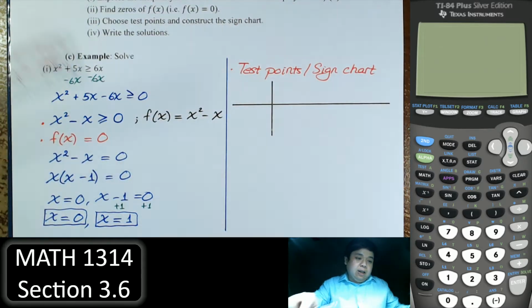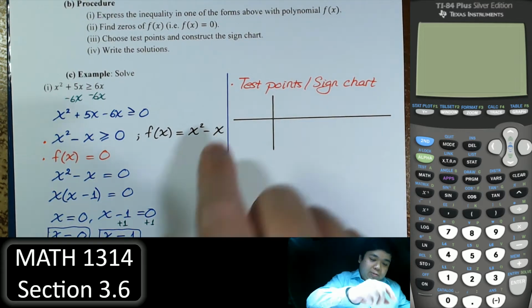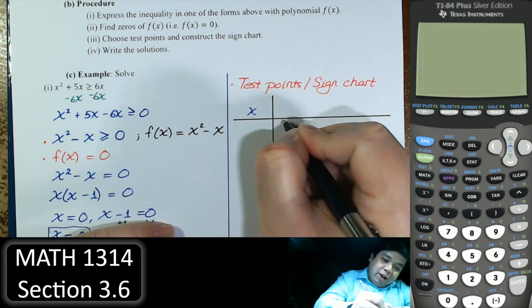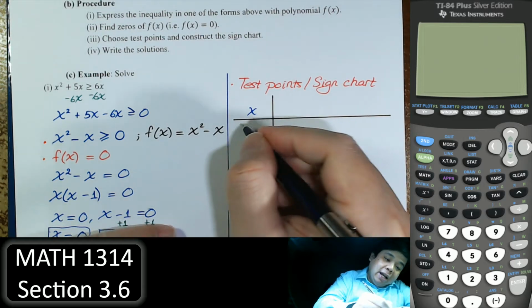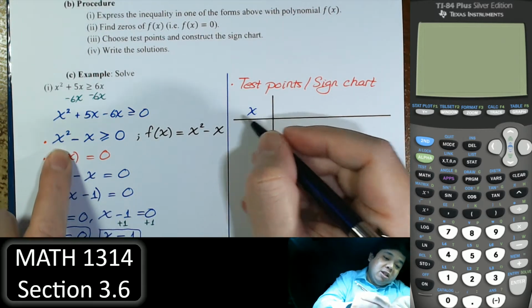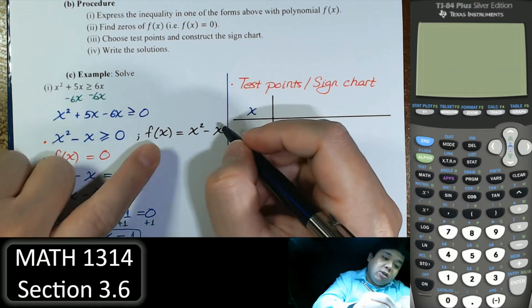The top one is, we have the x values on the top, and the bottom will be just this inequality, or just write a function.